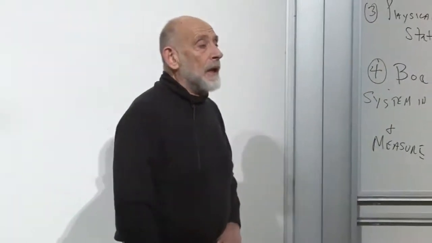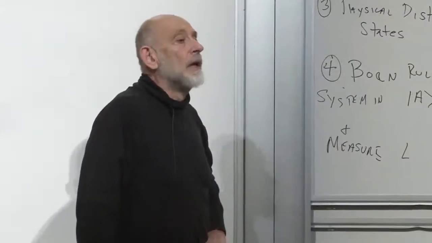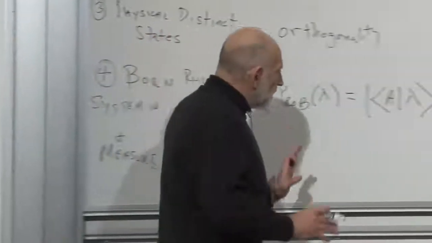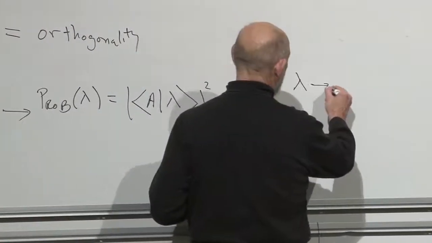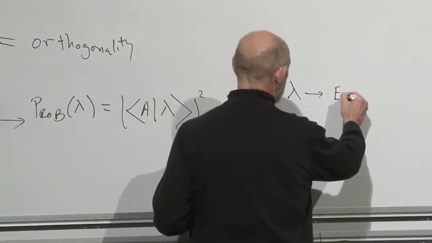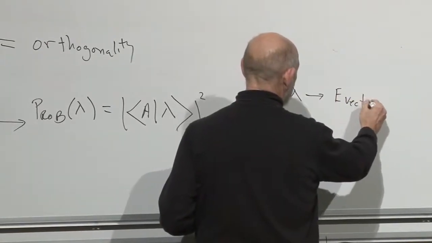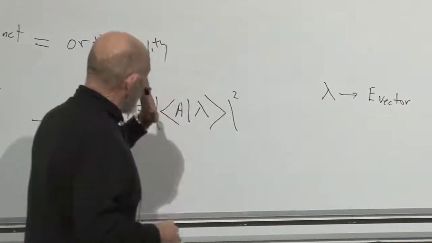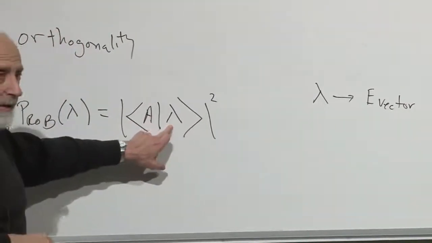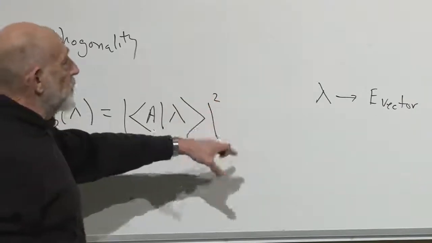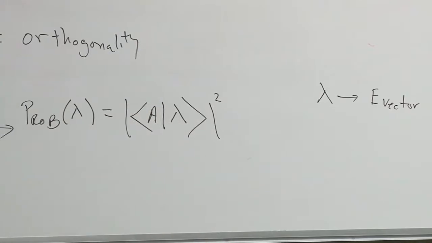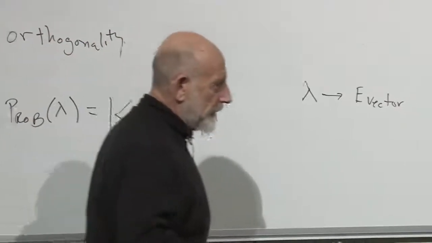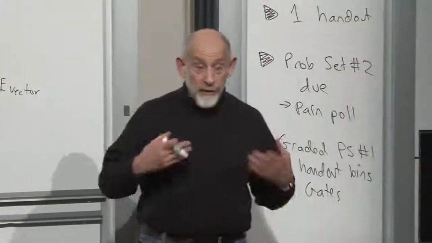I'm surprised to see lambda represented as a vector because it's a value. No. All right, the notation is every eigenvalue is associated with an eigenvector. I'll just write E vector. And the notation is that the vector labeled by lambda is the eigenvector associated with the eigenvalue lambda. That's a good point. The problem with trying to be a purist about notations is that notations get very complicated.